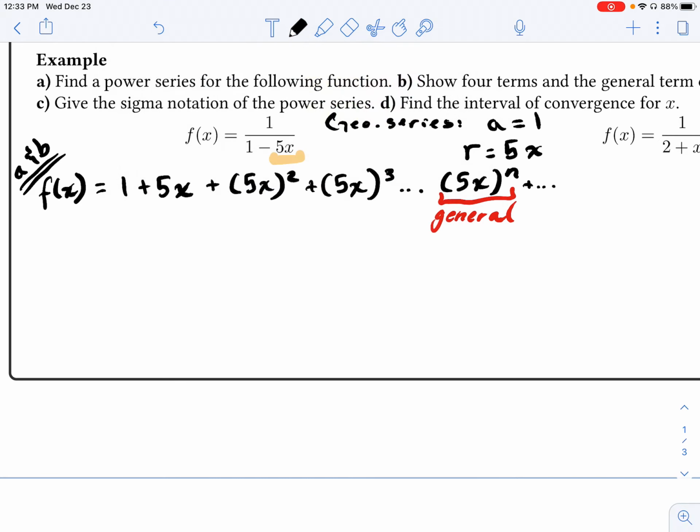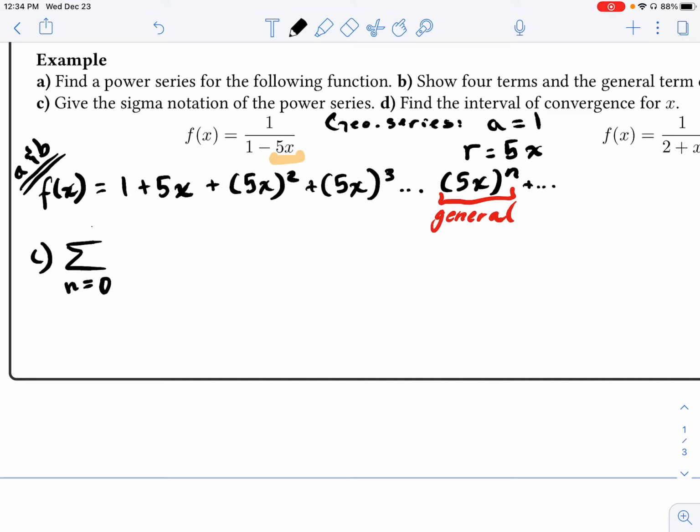Okay? So now let's express this series in sigma notation. Once you have your general term, this is pretty easy. So we're going to say, all right, it's the summation of, starting with n is equal to 0. I don't really care too much whether you start with n is equal to 0 or n is equal to 1. That's obviously going to change your general term.